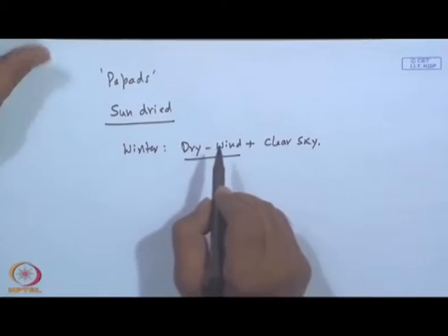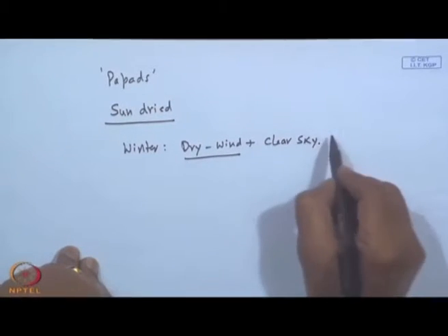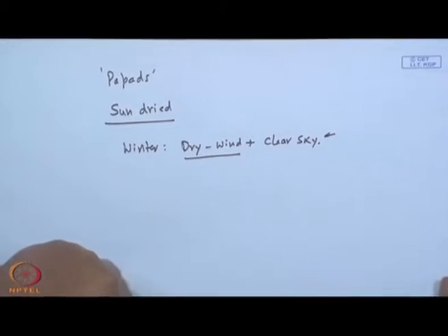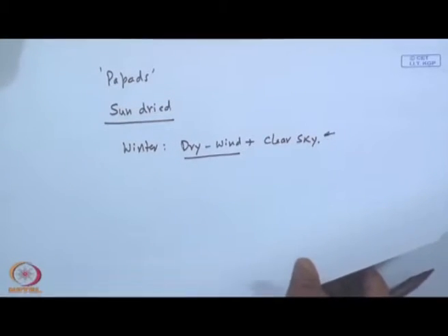Almost the standard deviation is absent. So, you can have pretty clear skies and dry wind. When there is mass transfer control, drying will be much better when there is a dry wind, in addition to having a clear sky. And of course, drying of clothes etc. is a passive application of solar energy.